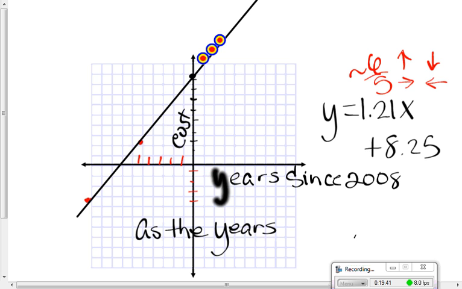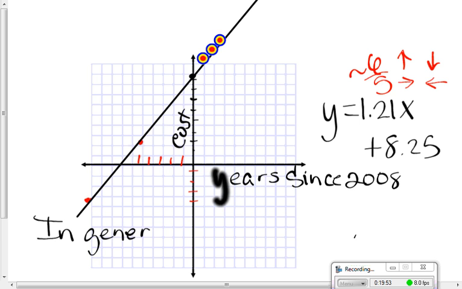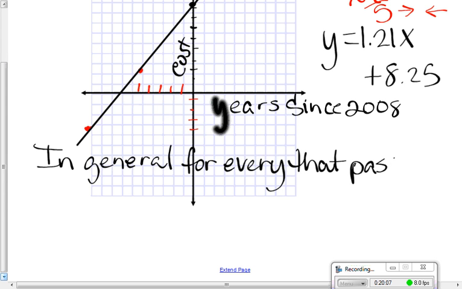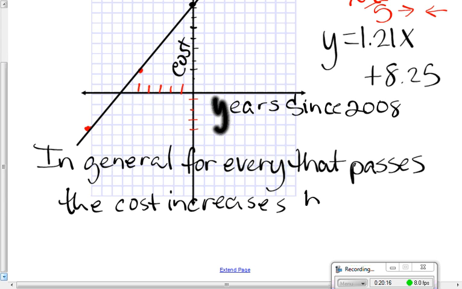you know what? I really almost think I want to be more specific because I have an exact slope. So I'm going to say, in general, for every year that passes, the cost increases by $1.21.